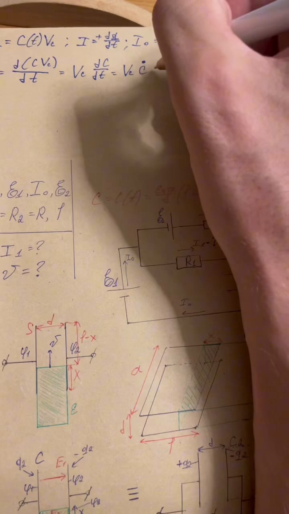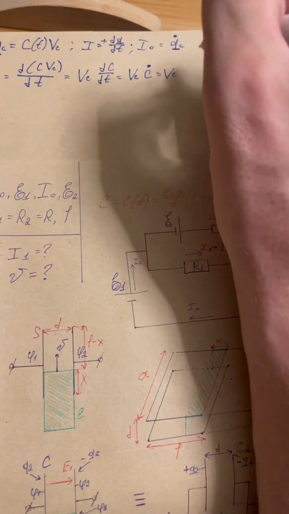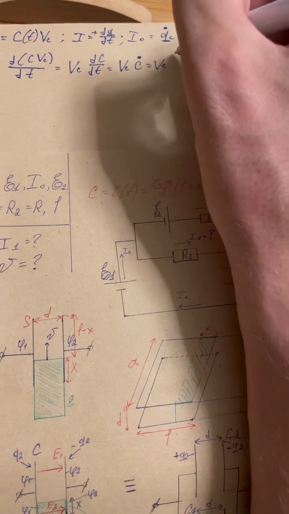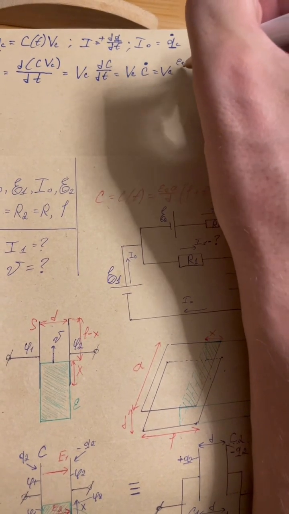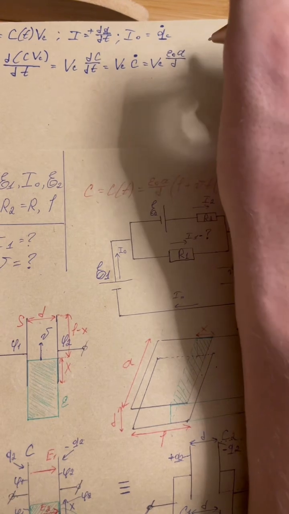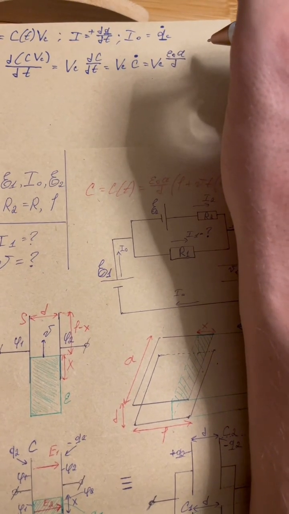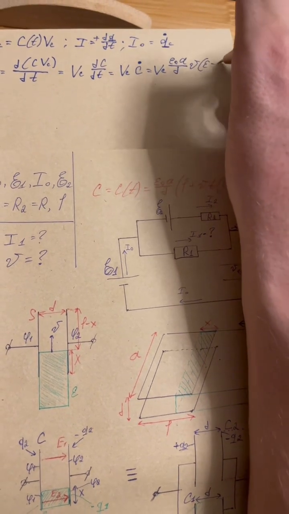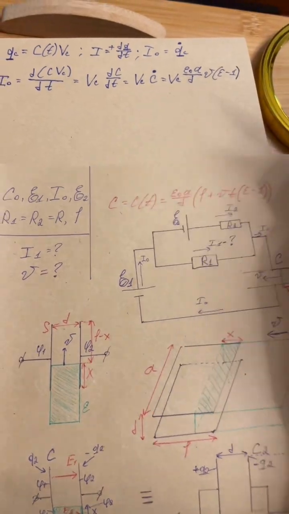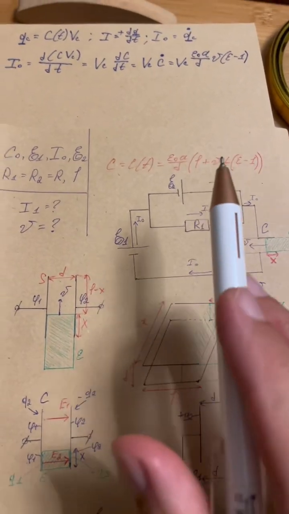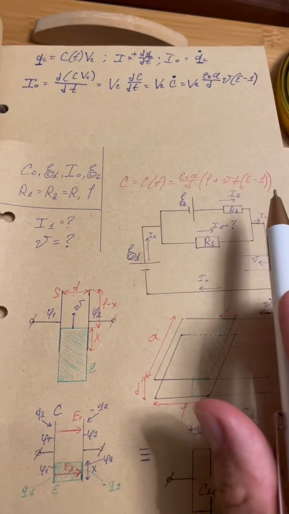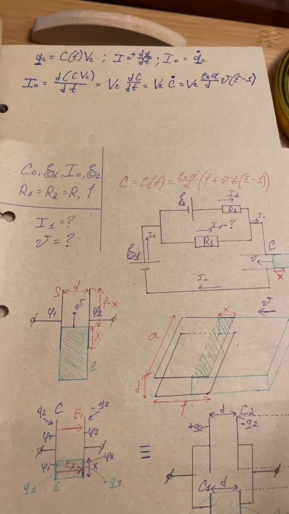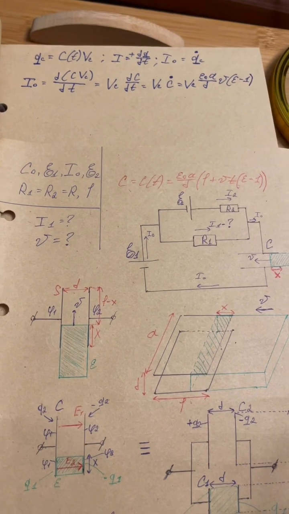So let's rewrite it as VC times epsilon 0 a over d times v times epsilon minus 1. Is it correct? Check it. Yeah, it's correct. Okay, let's go on.